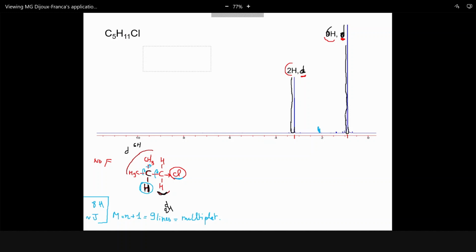The CH is one bond farther away from the Cl, so it will also be deshielded, but the influence is less. And far away again, the two methyl groups are around 1 ppm.